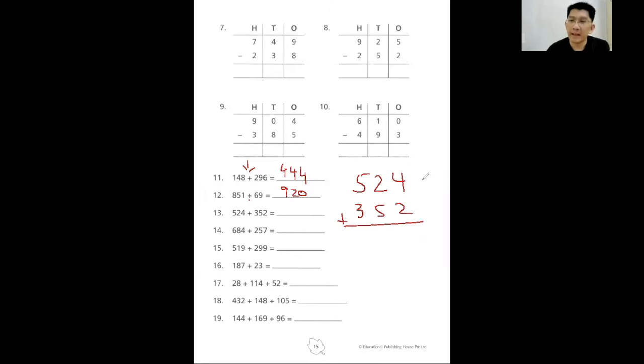Now, let's start from the right. 4 plus 2, 6, that's correct. 2 plus 5, easy peasy. 2 plus 5, 7, right? And finally is 5 plus 3. 5 plus 3 is 8.